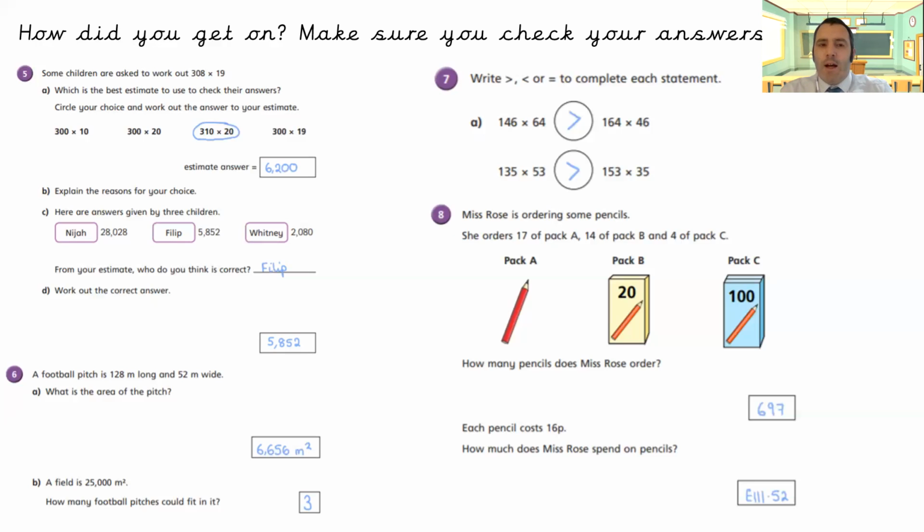So your calculation there, a good opportunity to practice what we've learned today. 697 times 16. And then you need to divide it by 100 to convert it into pounds. So you would have got the answer 11,152 pence, which when divided by 100, so remember everything moves 2 places down the place value chart. So your ones and your tens become your hundredths and your tenths. You've got £111 and 52 pence.